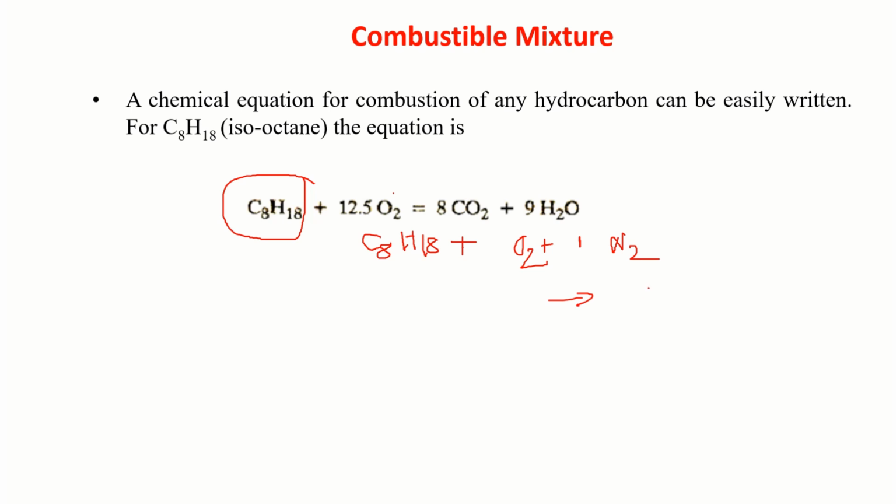Then carbon becomes carbon dioxide and hydrogen becomes water. So you get 8CO2 and 9H2O, and nitrogen, being an inert gas, comes out as it is. 8 plus 4.5 gives 12.5 O2.